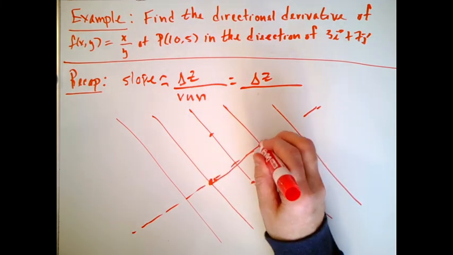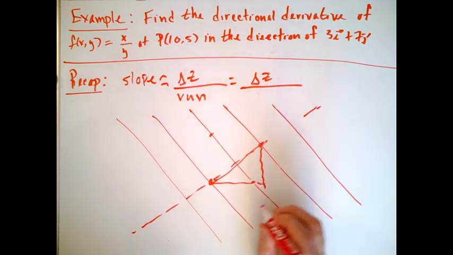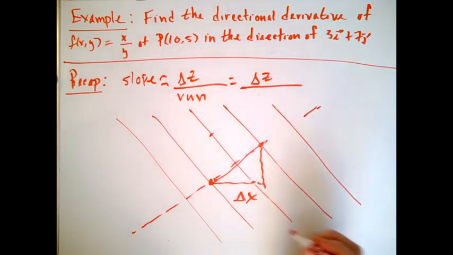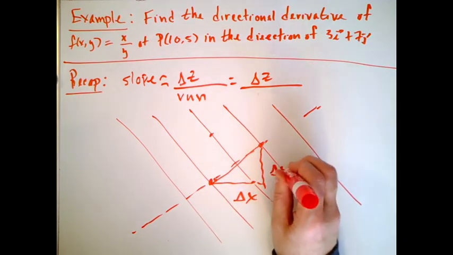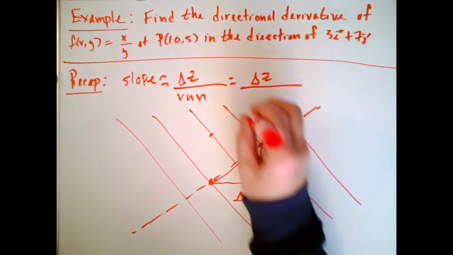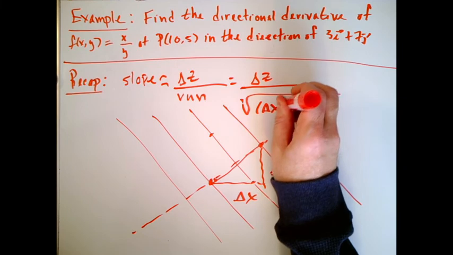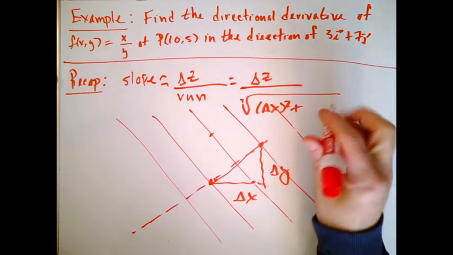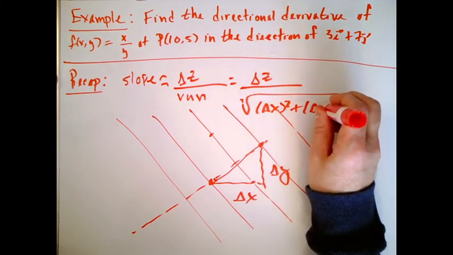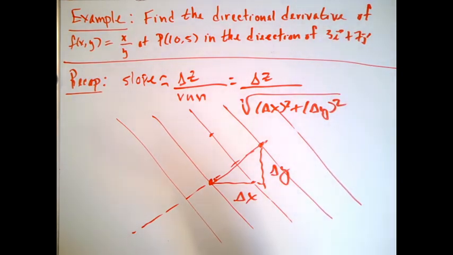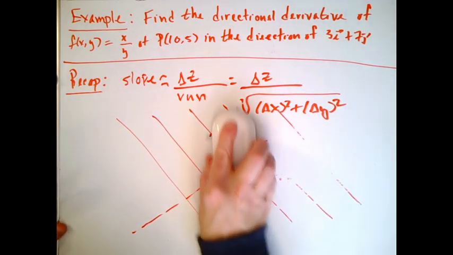And so what we do is we just draw it like this. This was delta x, that's how we labeled it before. This is delta y, that's how we labeled that before. And what we're going to get right here is the square root of delta x quantity squared plus delta y quantity squared.